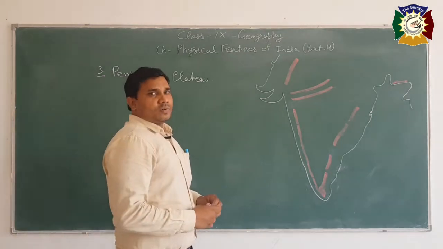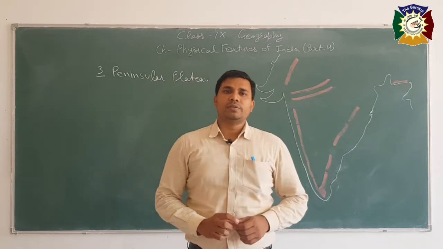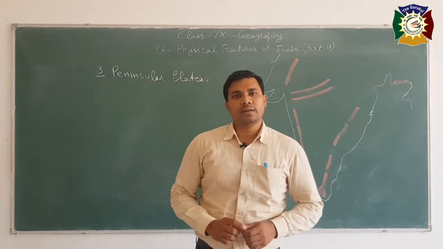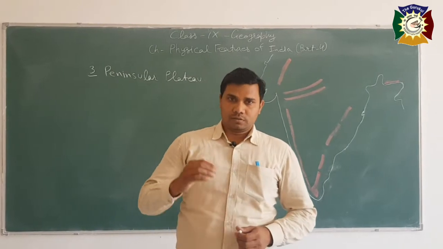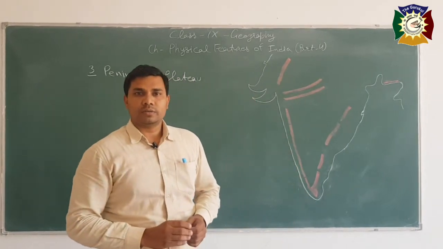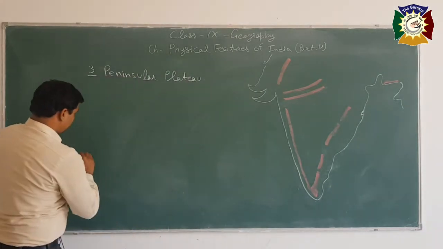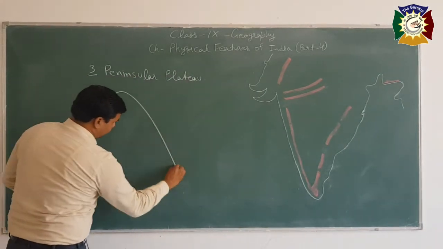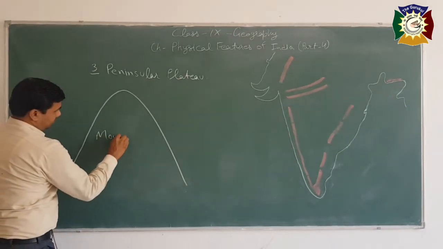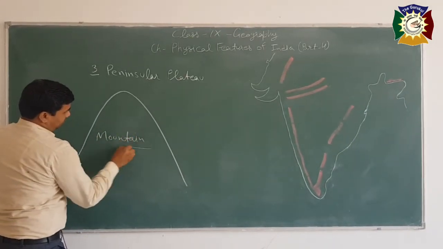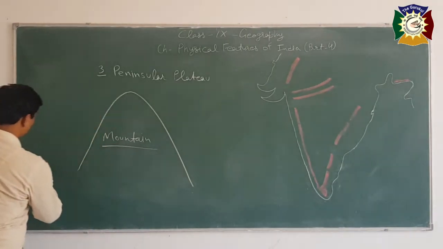Dear students, first of all, what is plateau? Plateau is a table-like level land that is elevated or located on height from the plain areas. For example, this is called mountain. And this is a hill.